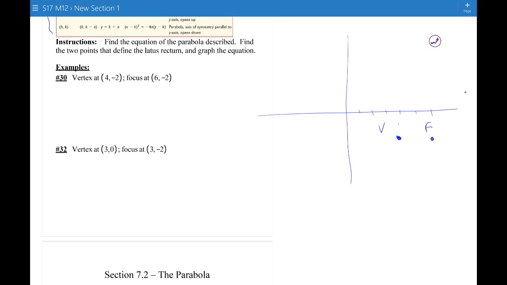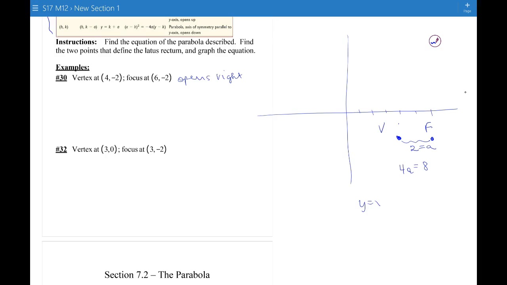So see, by drawing a picture, I can see that it needs to open to the right because the focus has to be inside the parabola. So that's the only way it can open. And then I see that the distance from the vertex to the focus is 2. So that's going to be my a. So then 4a must be 8.